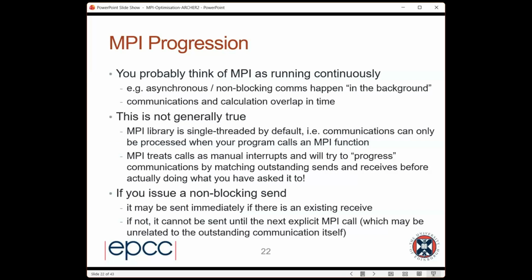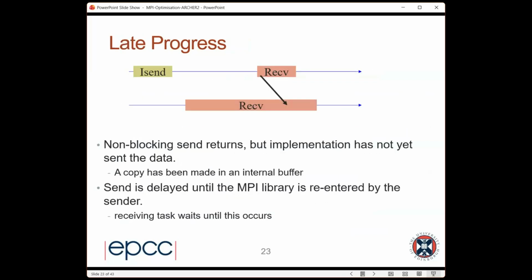So this can be really quite difficult to diagnose. What happens here is, you issue a non-blocking send. At this point, the receive hasn't been issued on this process here, and so the data isn't sent. Later on, you may issue another MPI call, which allows MPI to progress existing outstanding communications, and so this ISEND may be completed here.